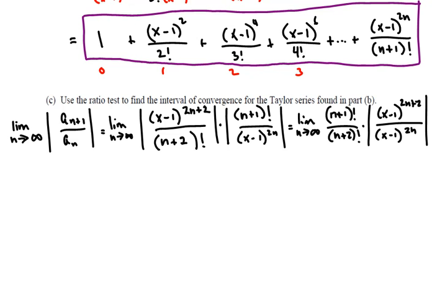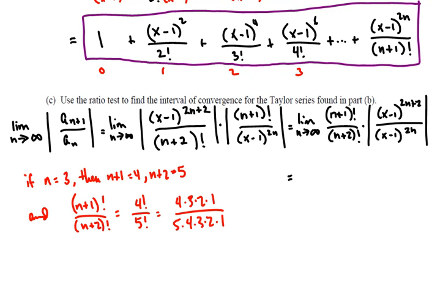Now I can simplify each of those. N plus 1 factorial over n plus 2 factorial is kind of like saying if n were 3, n plus 1 would be 4 factorial, n plus 2 would be 5 factorial. So 4 factorial over 5 factorial, since 5 factorial includes 4 factorial times 5, is going to just be n plus 2 in the denominator.